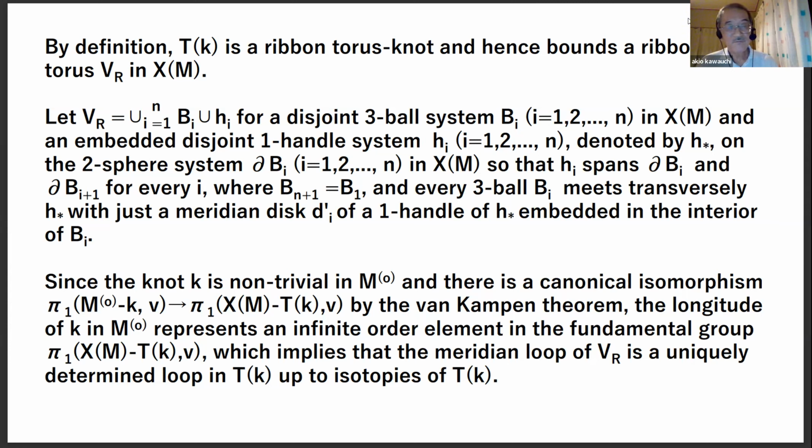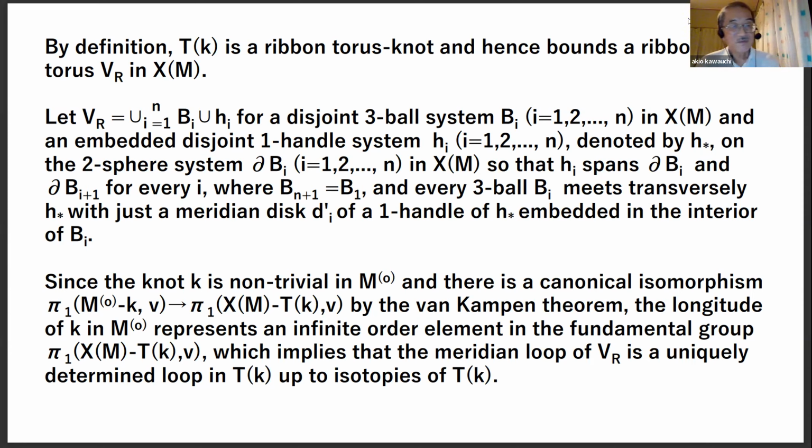Also Bn plus 1 is called B1. Every 3-ball BI meets H star transversely in just a meridian disk of some 1-handle of H star embedded in the interior of BI. It's just a ribbon singularity.